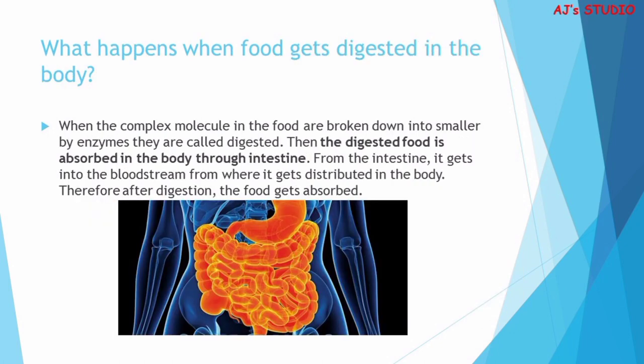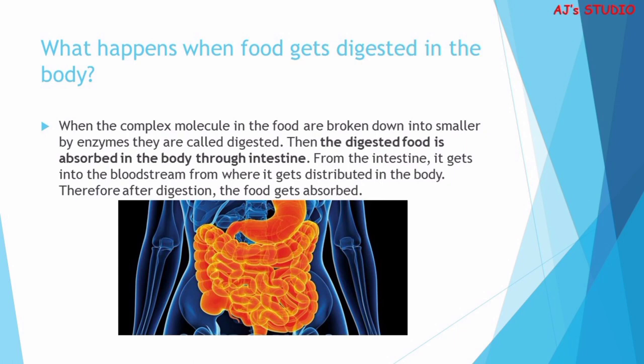Now let's move to the next question, that is, what happens when food gets digested in the body? You all might have learned this concept from class 6 onwards, that whenever food enters the mouth, it enters the stomach, where the acid HCl and the gastric juices present in the stomach break the complex food into simpler food, and the nutrients present in the food get absorbed in the stomach, and then it enters the small intestine.